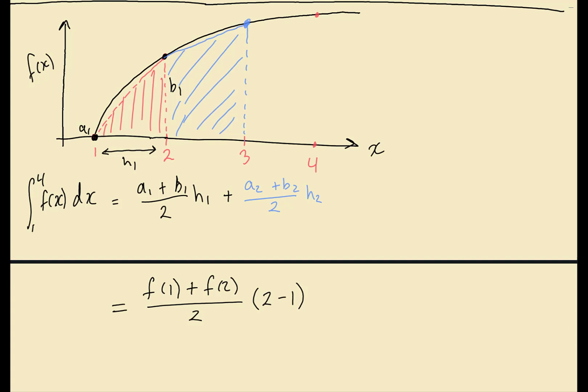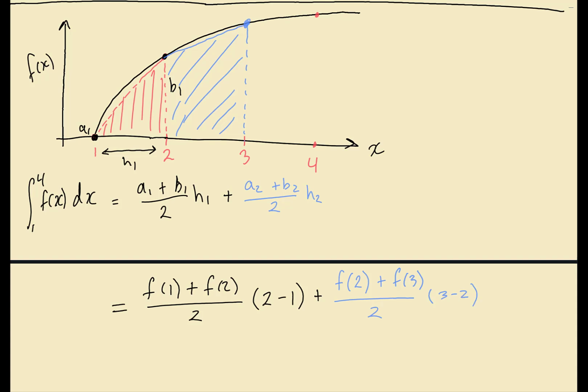In terms of the function, it is (f at 2 plus f at 3) divided by 2 times 3 minus 2.